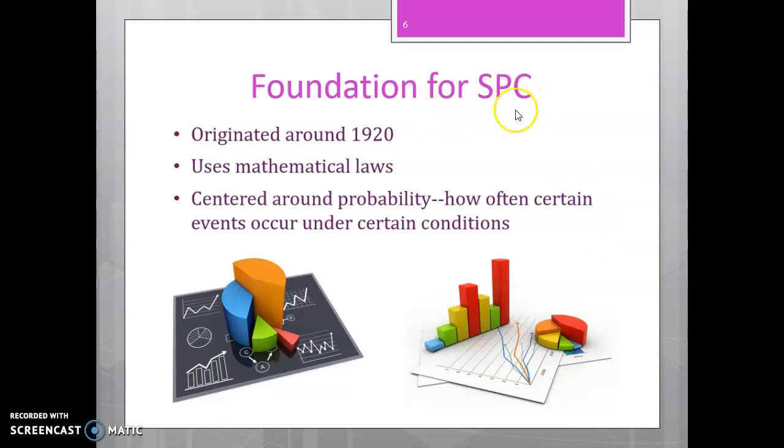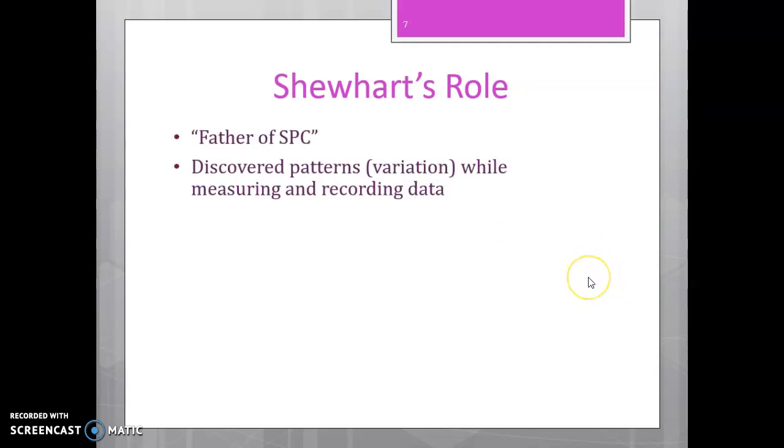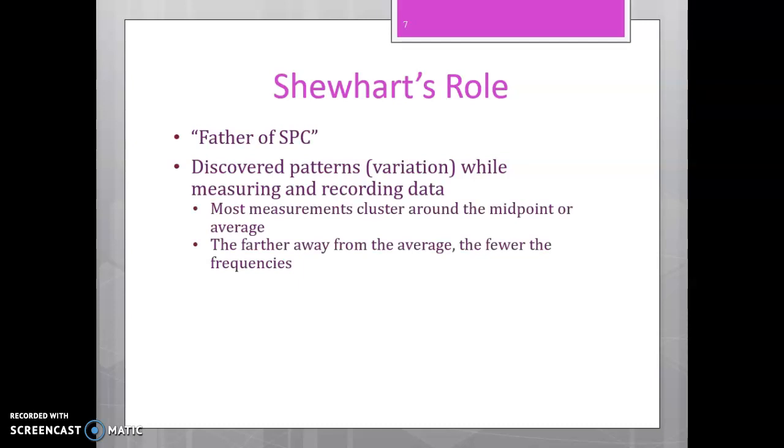Okay, the foundation for SPC was around 1920. It used mathematical laws and centered around probability, how often certain events occur under certain circumstances. Shewhart was the person we consider to be the father of SPC. He discovered patterns and variation while measuring and recording the data. Do you remember he talked about the helmets for the headsets?